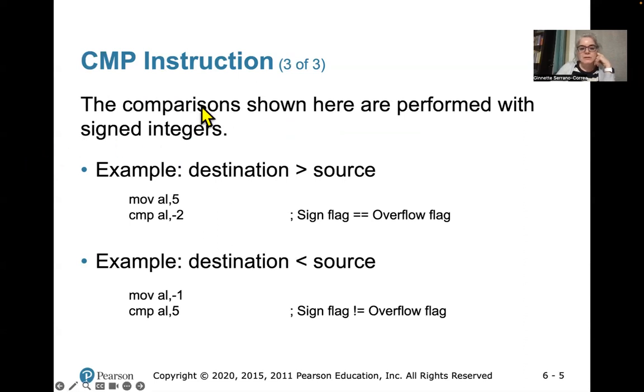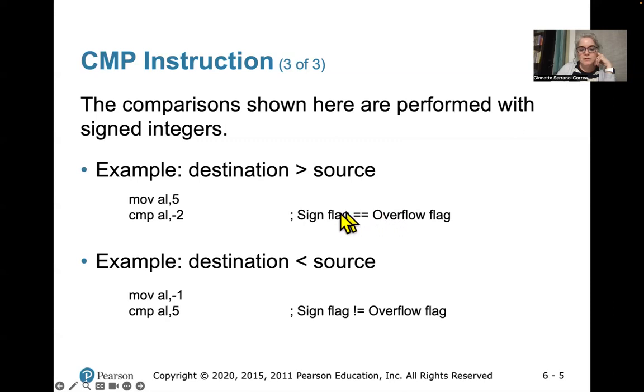The comparisons shown here are performed with signed integers. So here it says, is destination greater than source, which it is. 5 is greater than -2. Since 5 is greater than -2 and it's looking at signed numbers, the sign flag is going to equal the overflow flag.